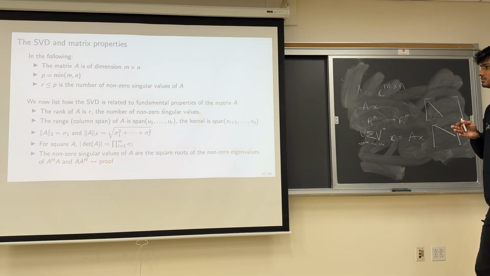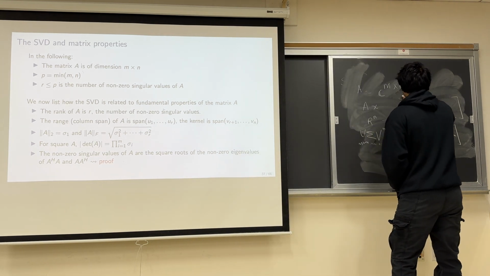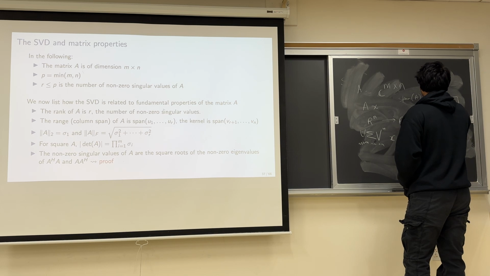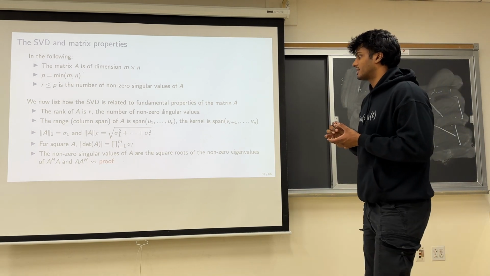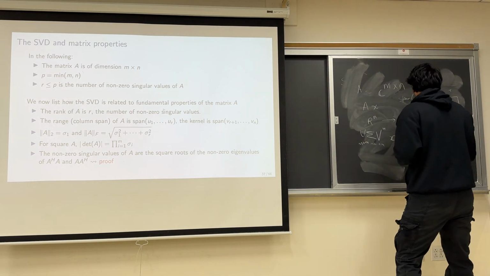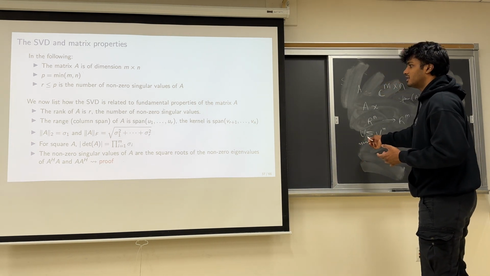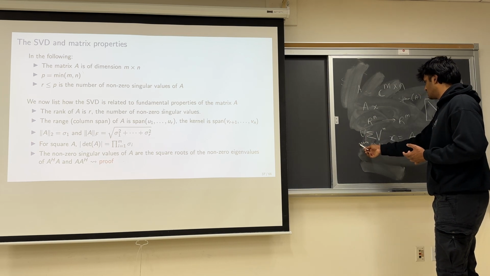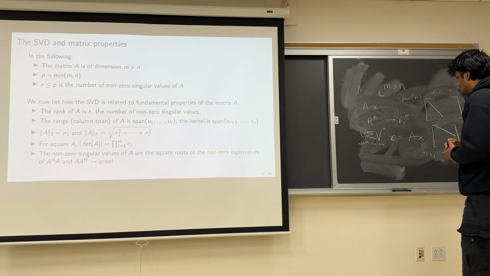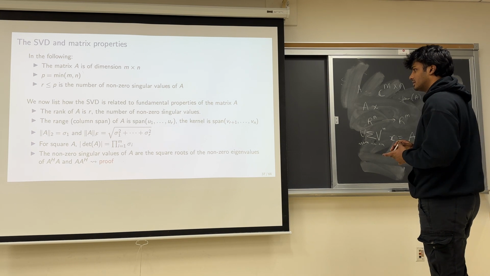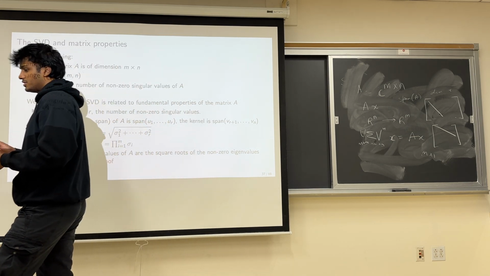If A only has rank r, then the span of A has dimension r. It only has r linearly independent vectors, each of dimension m cross 1. So the first r columns of U give me the span of A, right? And the kernel is the span of V from r plus 1 to n.